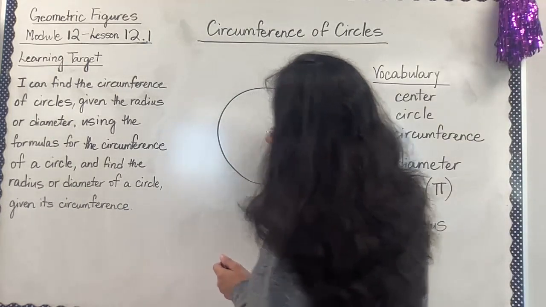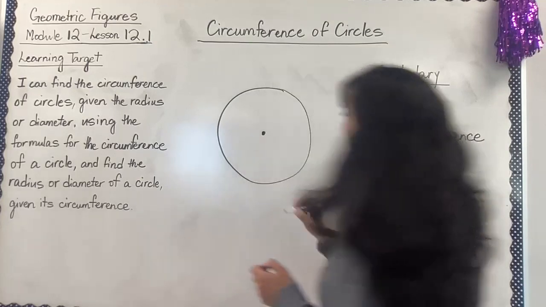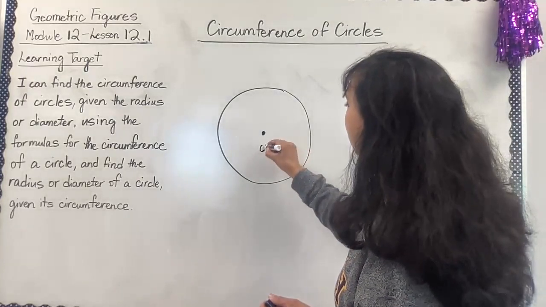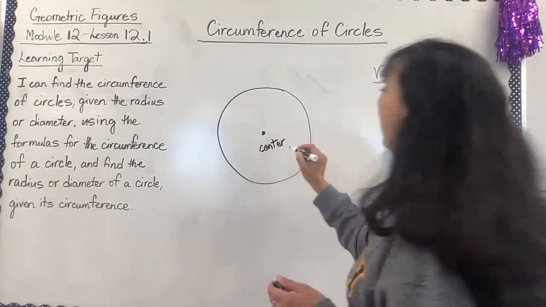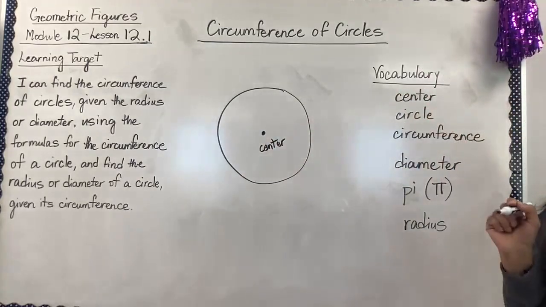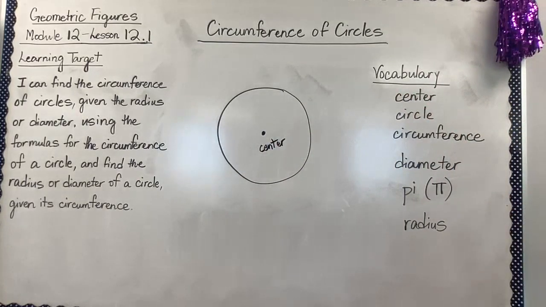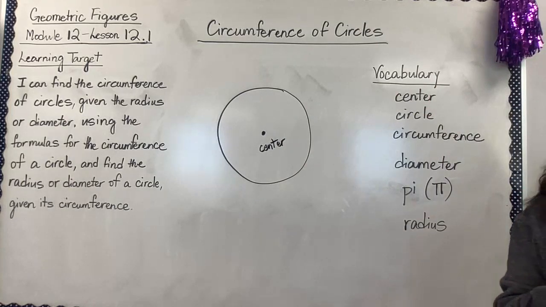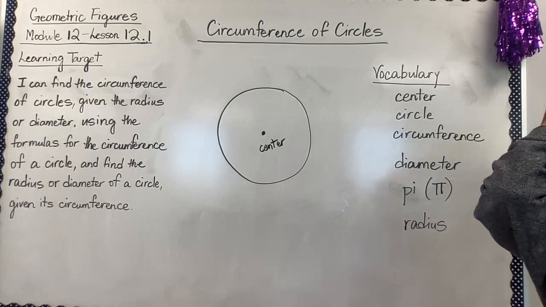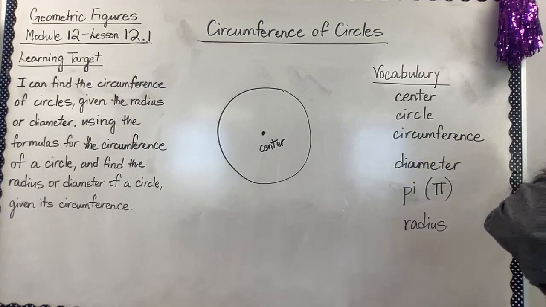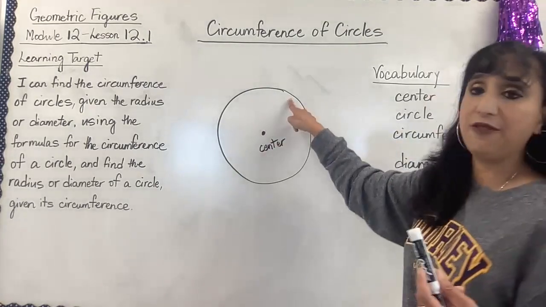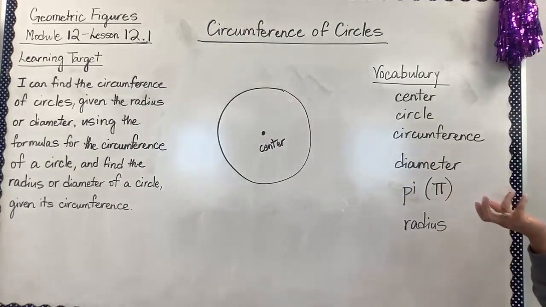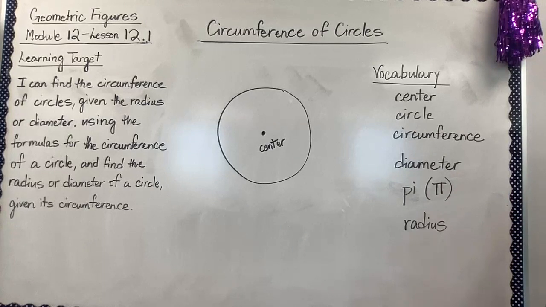So in the middle I have the center of a circle, and any point from the center to the circumference is going to have the same measure. All right. So, the set of all points in the plane that are the same distance from a point called the center.